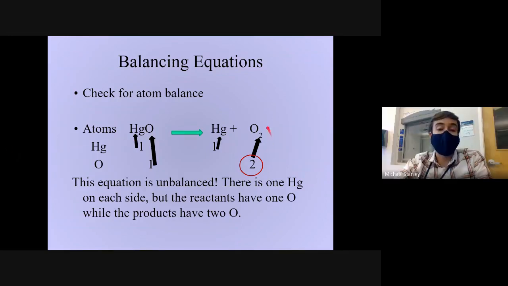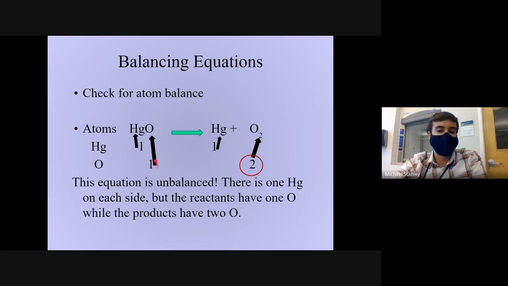Not quite. Remember, this 2 down here is a subscript, and we are not allowed to change the subscript. We are not allowed to do anything with this 2. So if we can't change this subscript, we've got to find some other way to make these O's balanced. If we can't change this O into a 1, what are we going to have to try and do with this O?